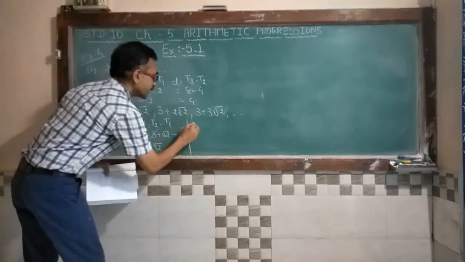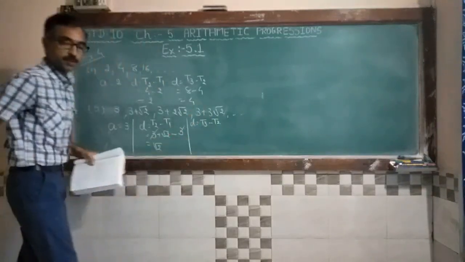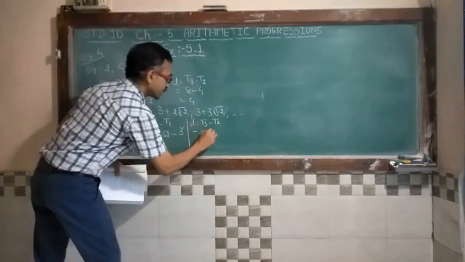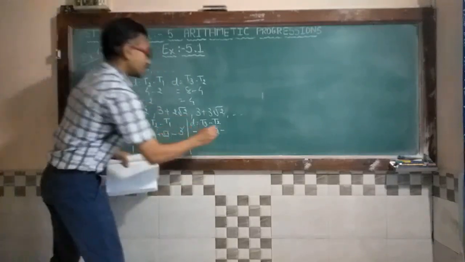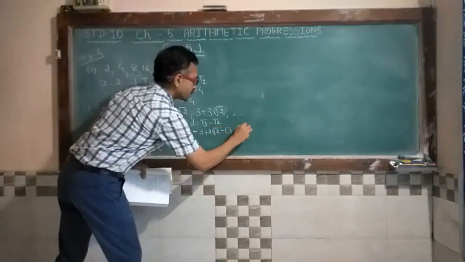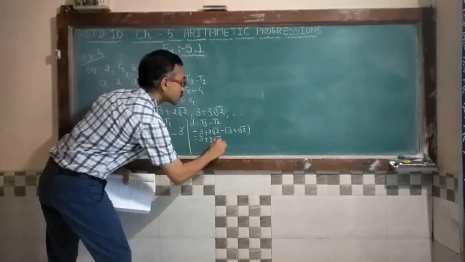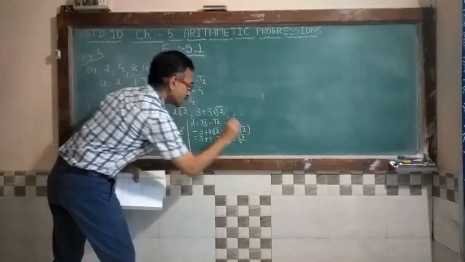Okay. Again D is equal to T3 minus T2. T3 is 3 plus 2 root 2 minus 3 plus root 2, that is 3 plus 2 root 2 minus 3 minus root 2.